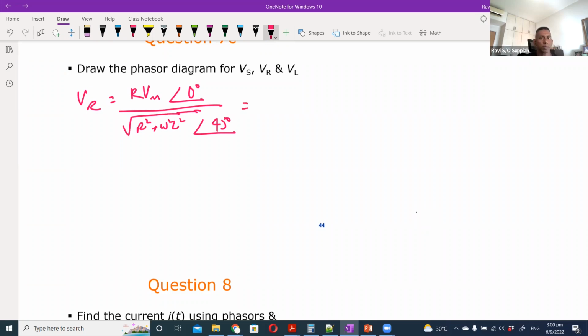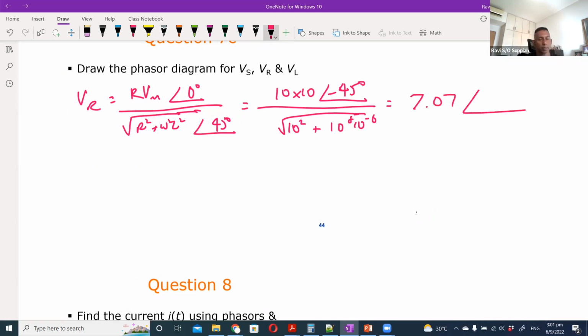So you substitute all the numbers inside: 10 times 10 over the square root of 10 square plus 10 to the power 8 times 10 to the power minus 6. Okay, so this is what you will get, and that is for VR.